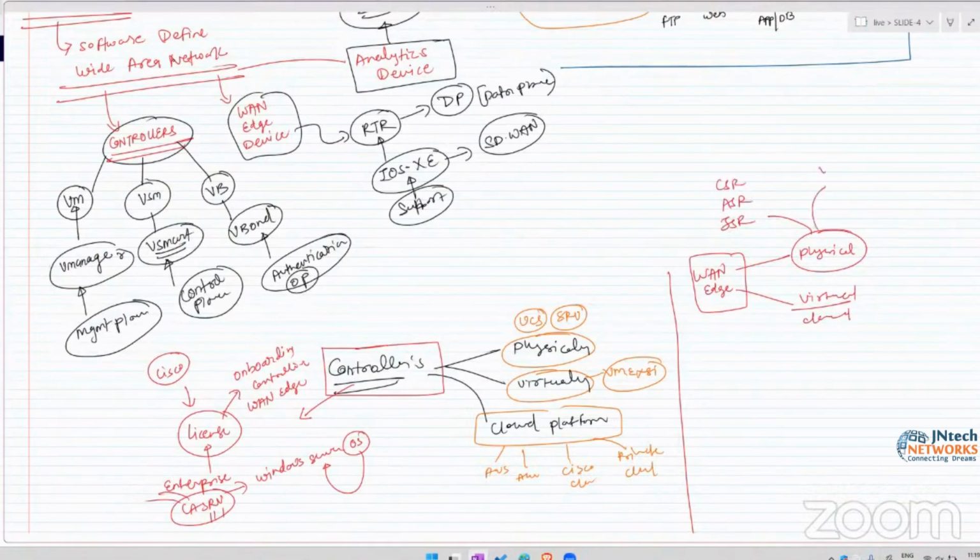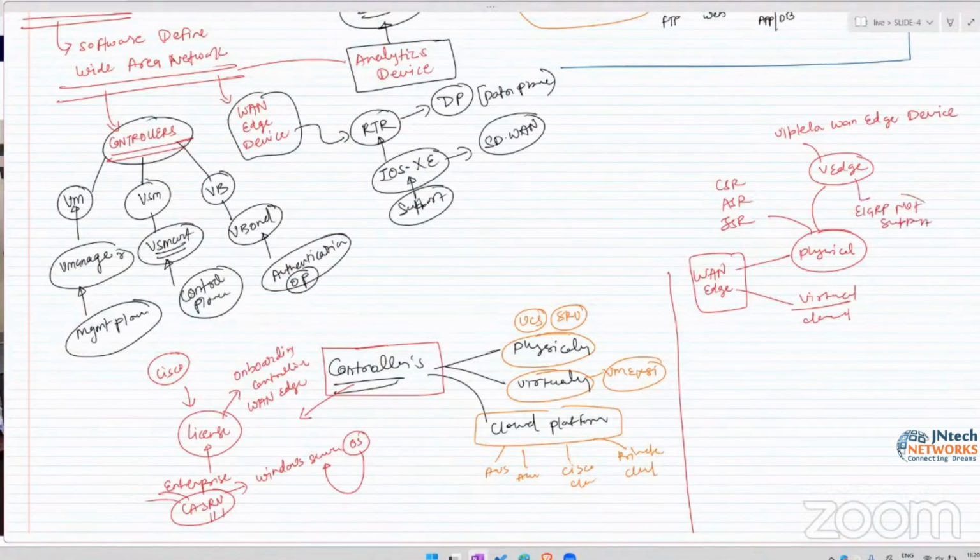Now, some vEdge we are using. vEdge means it's a Viptela vEdge device. Clear? These Viptela vEdge devices we are using, but these devices do not support EIGRP. Clear? They can support OSPF, BGP, MPLS, static routing, default routing, VRF, tunnels, and lots of other things. But EIGRP is not supported.